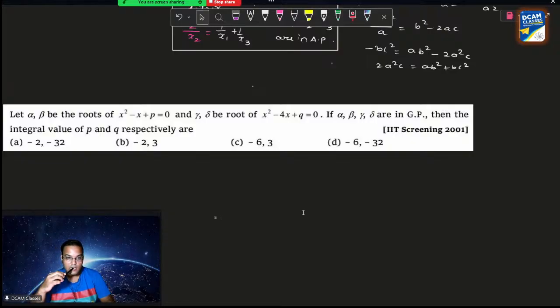Alpha, beta, u plus beta also. E and Q they are asking.